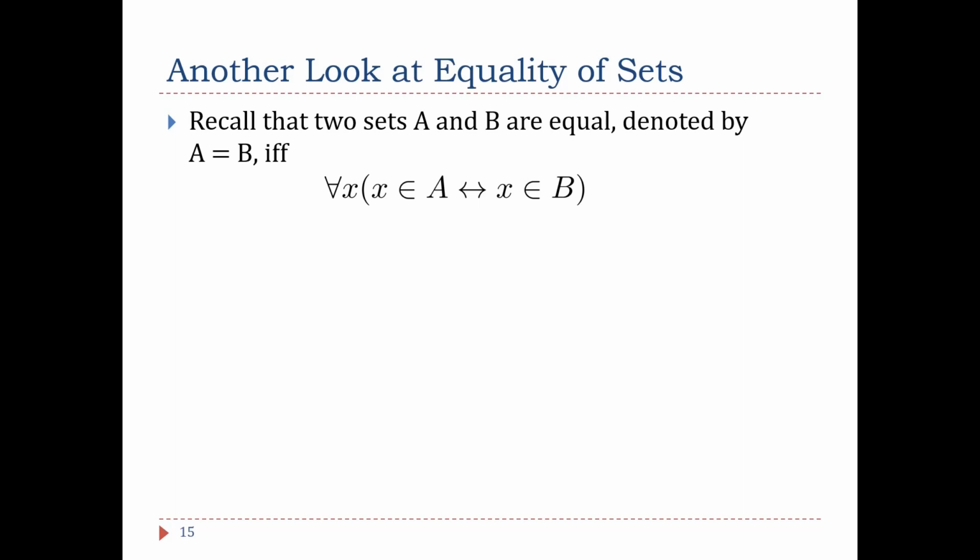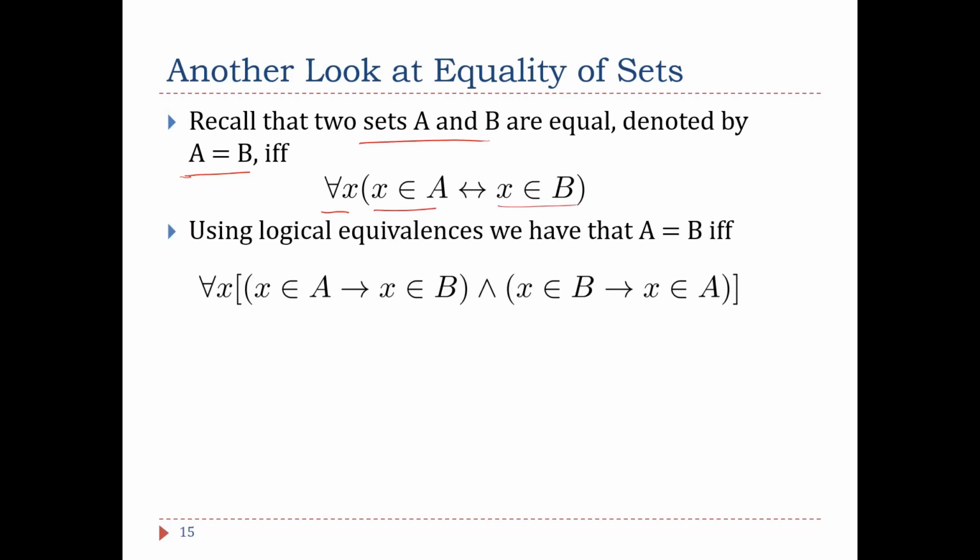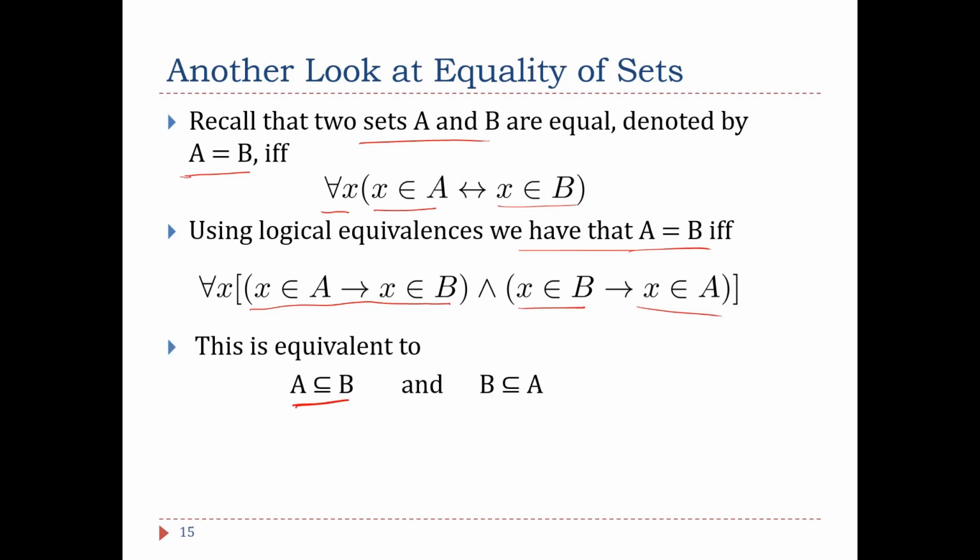Recall that two sets A and B are equal, denoted with this symbol, if and only if for every X, X belongs to A is equivalent to X belongs to B. And using logical equivalences, A is equal to B if and only if for every X, X belongs to A implies X belongs to B, and X belongs to B implies that X necessarily belongs to A, which is equivalent to A being a subset of or equal to B, and B being a subset of or equal to A. And you cannot have both unless you have A equal to B.